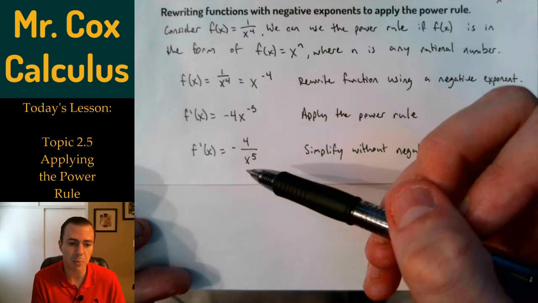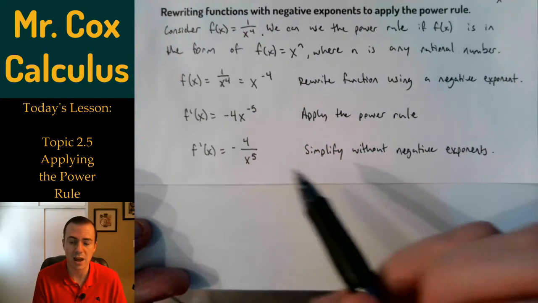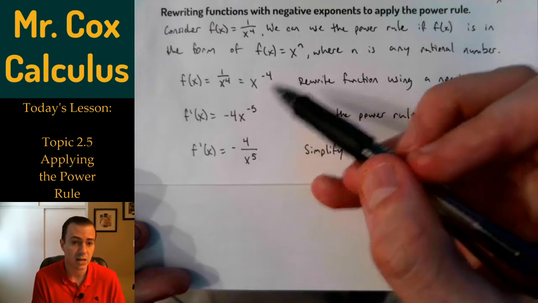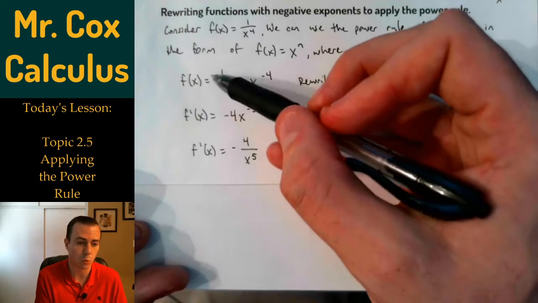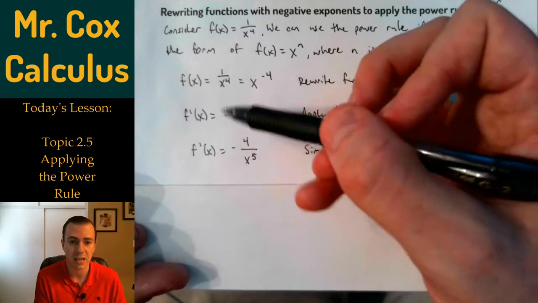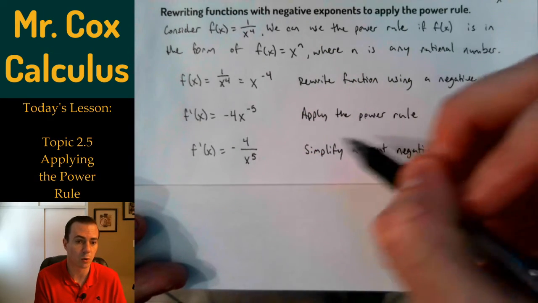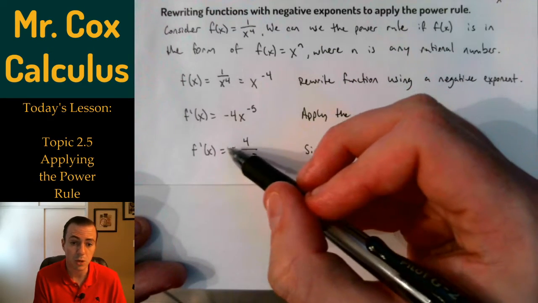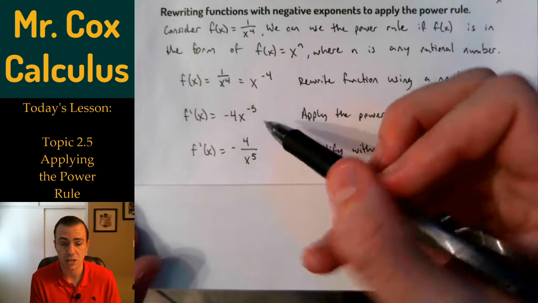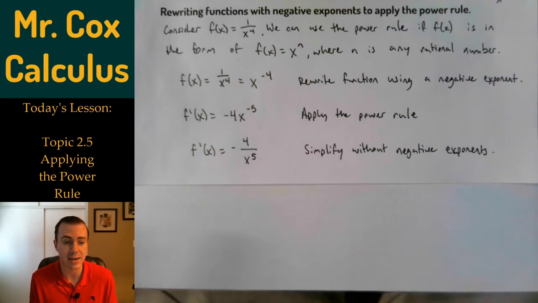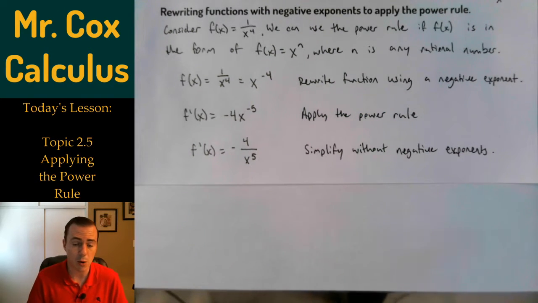So those are a couple of things you're going to notice whenever you take the derivatives of these rational functions where it's 1 over x to some power: the power should actually increase because of what the power rule does to a negative exponent, but you also should get this sign change because what you're really dealing with is that negative exponent. So this power rule can work for functions that can be rewritten with a negative exponent.